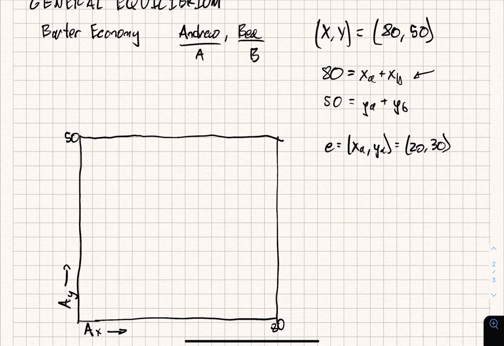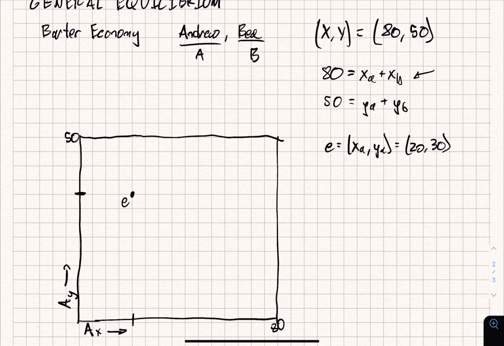So our x is going to be 20, which is somewhere down here. And our y is 30, which is somewhere around here. We'll plot this point. So this is our point E. And at this allocation, Andrew has some indifference curve that runs through it.